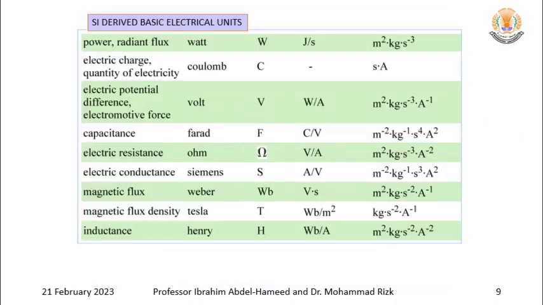Regarding the units of our quantities used in electric circuits. Power means watts, or joule per second. You have different units. This means you can replace joule by, for example, meter squared, kilogram, second.